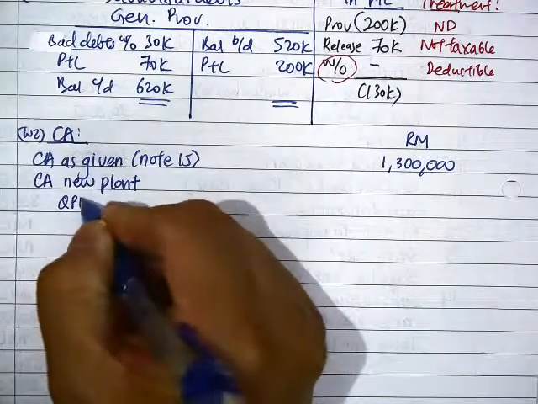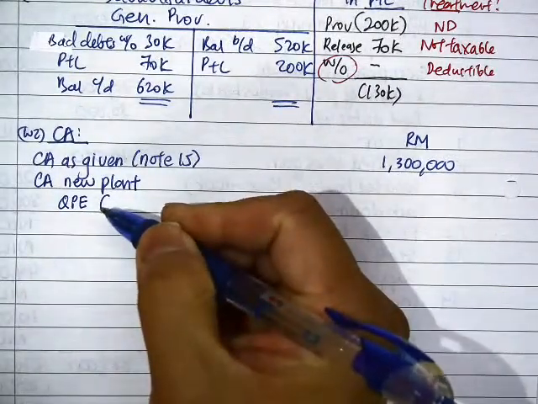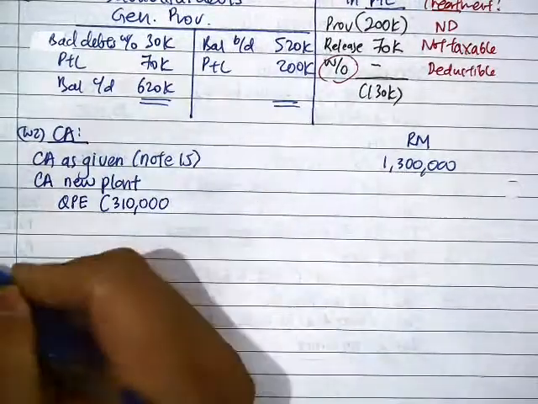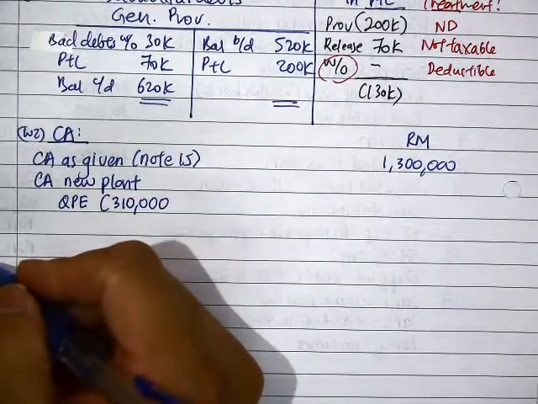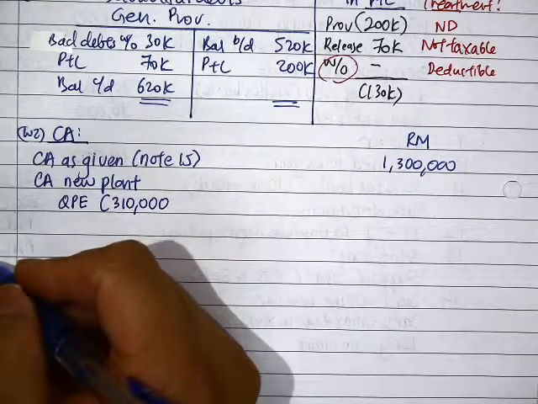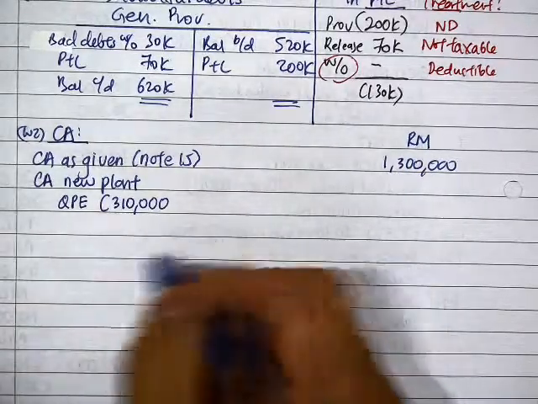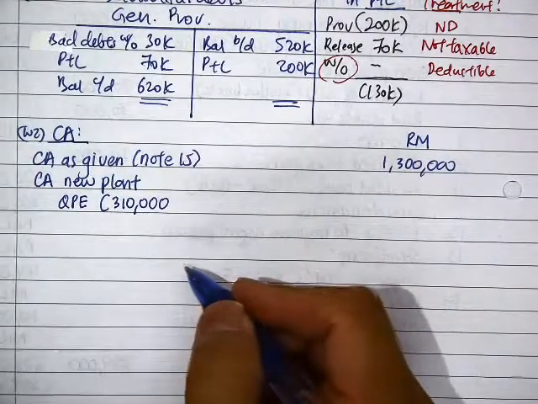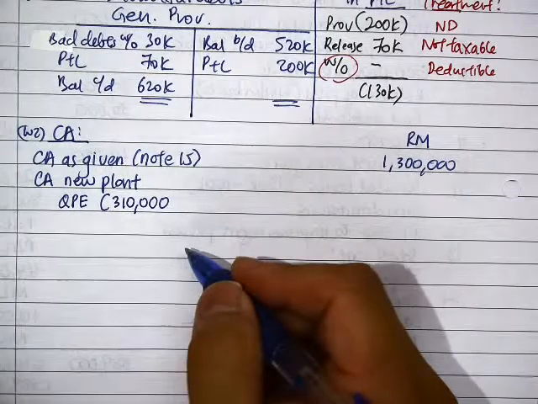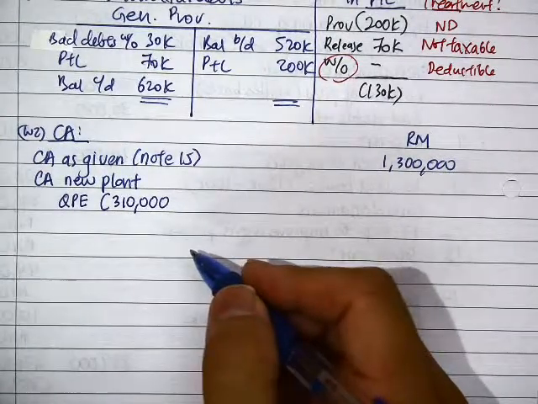What's your qualifying plant expenditure? 310,000 is the cost, right? And what do you do? Plus or minus? Forex gain.